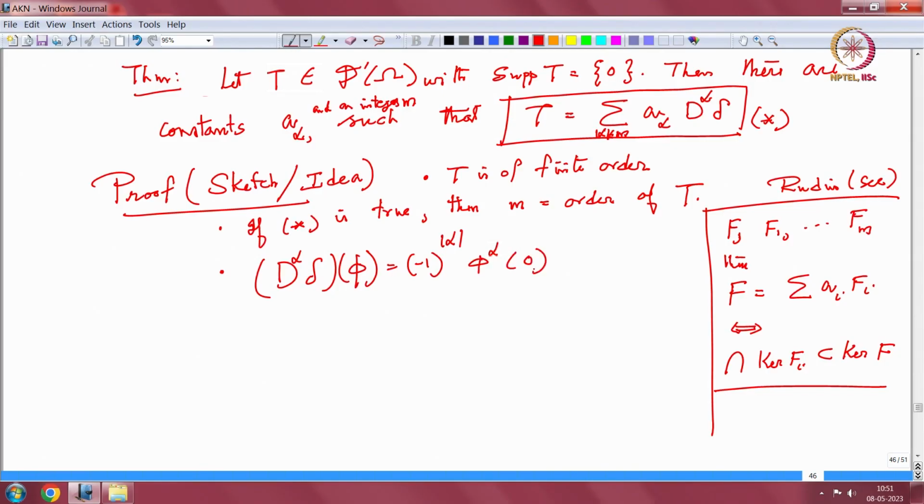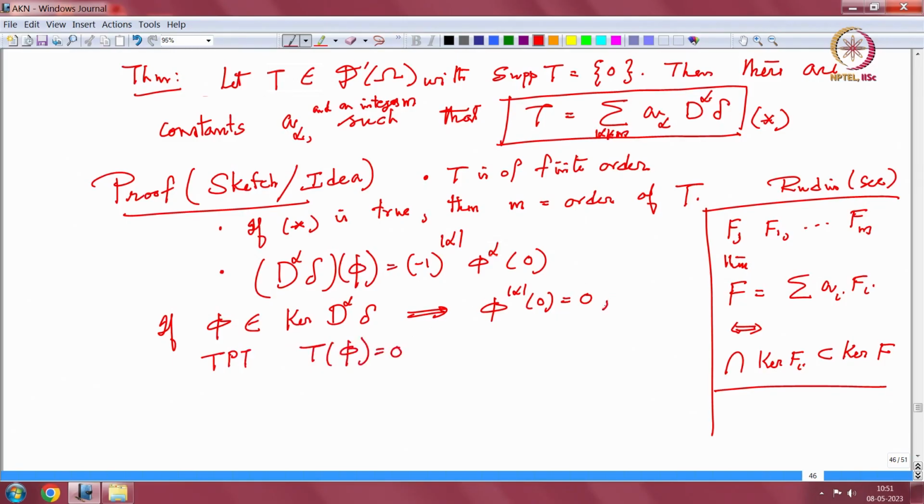So, if phi is in the kernel of d power alpha of delta, that implies phi alpha of 0 is equal to 0. And what you have to prove is that T phi is equal to 0. So, under this assumption, for all mod alpha less than or equal to m, you want to show that T phi is equal to 0. Then you are done, so phi is in the kernel of T.